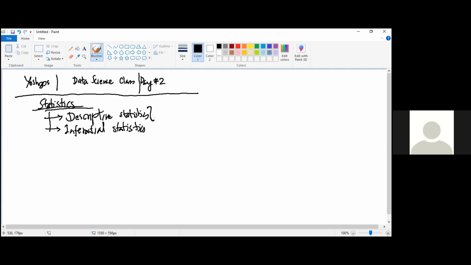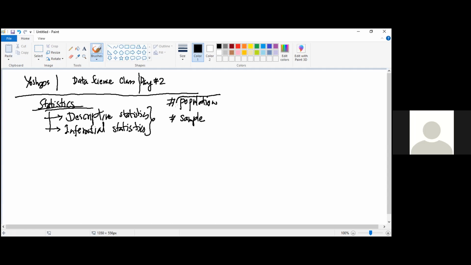Before going into descriptive and inferential statistics, there are a few terminologies that you need to be aware of. The first one is population, and the other one is sample.